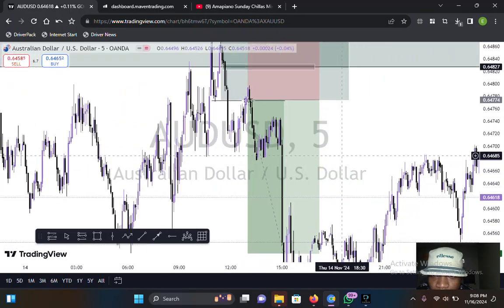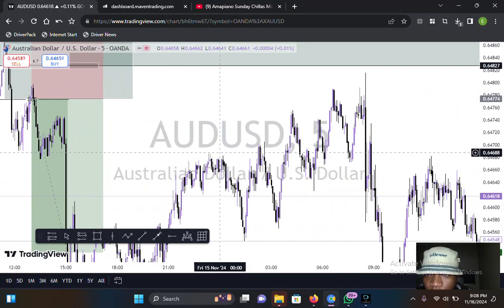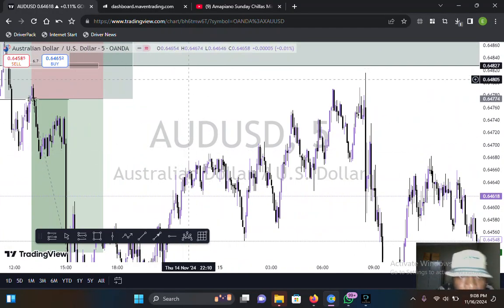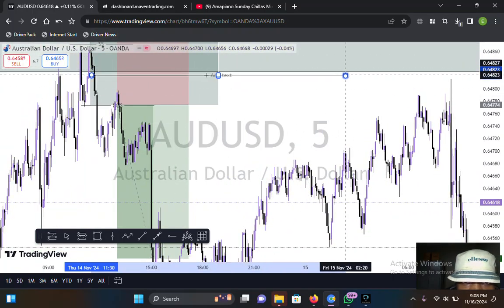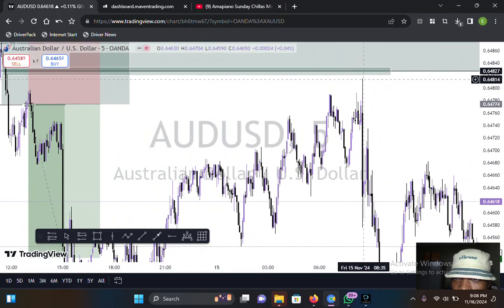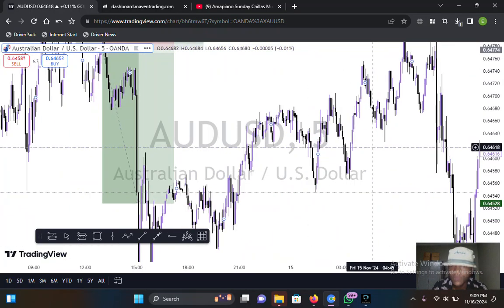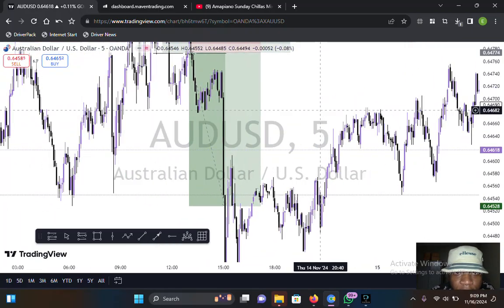So again, price moved. You're still observing. You can see that on this fair value gap was not hit, but you can see the narrative. Here you entered.